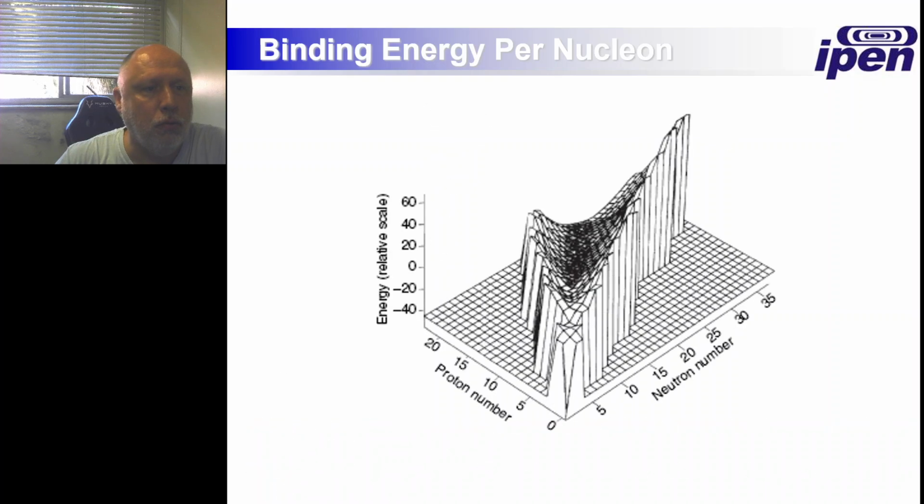So, okay, let's go on and take a look. This is essentially the same image, turned down. And we have here, if you see, the highest binding energy per nucleon, meaning the lowest excess mass. You have a valley that forms, right?